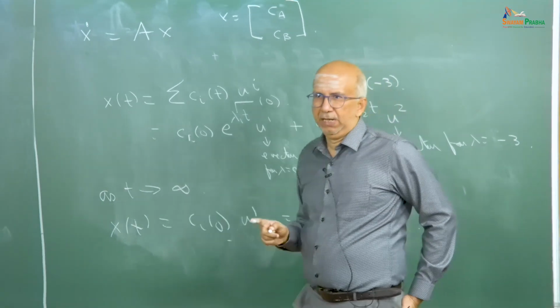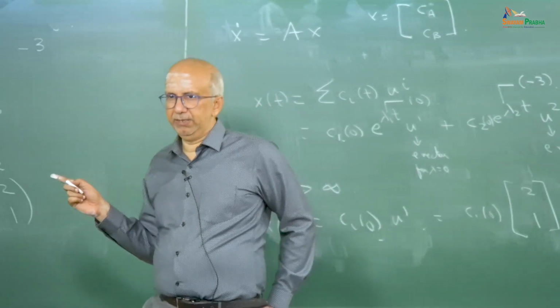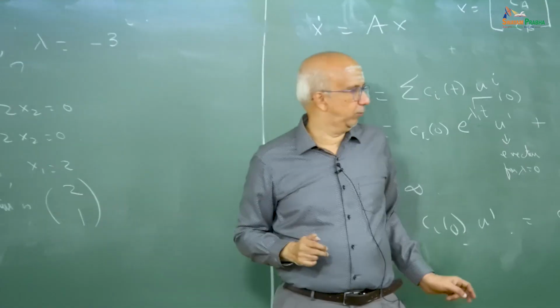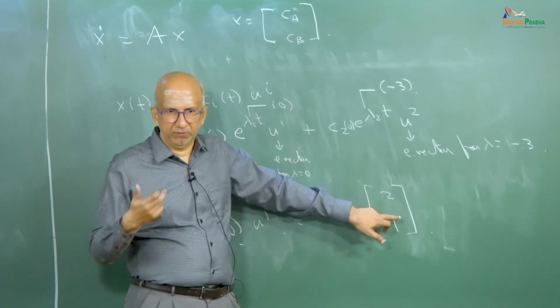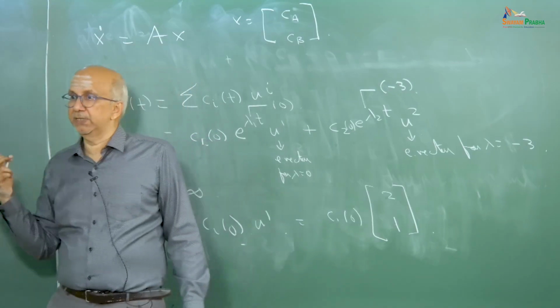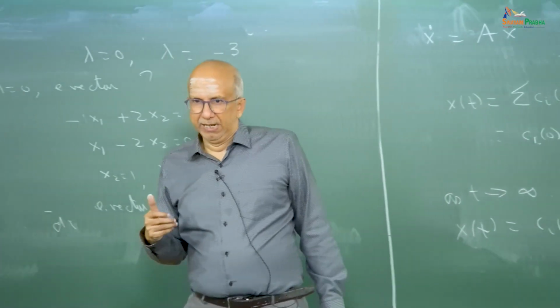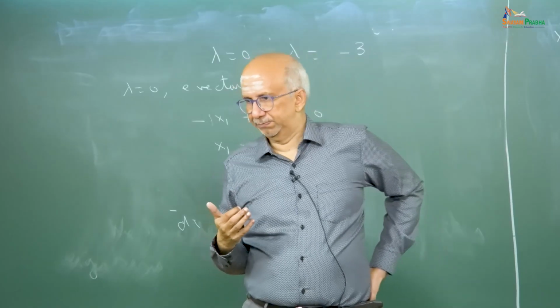The point is the eigenvector corresponding to lambda equal to 0 has a physical meaning in this problem, which is the ratio of the concentrations. It tells me the ratio of the concentrations. It does not tell you the actual concentration.